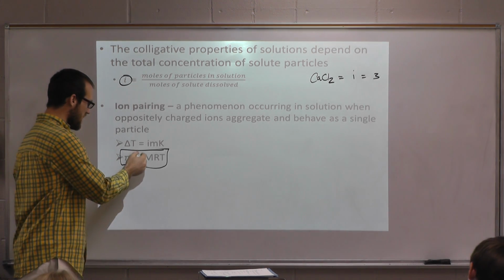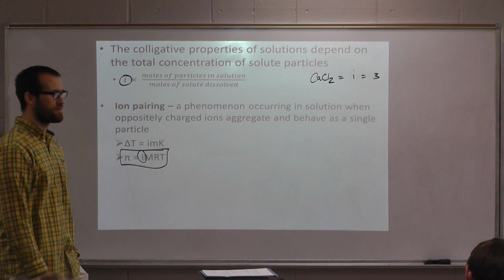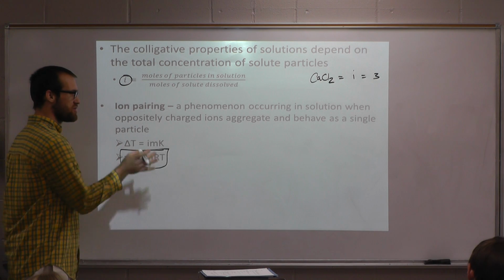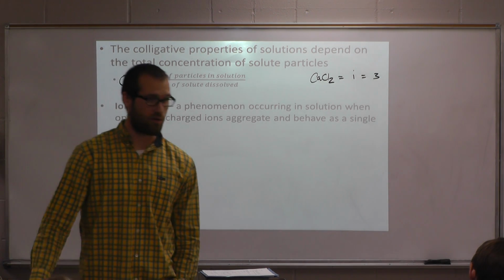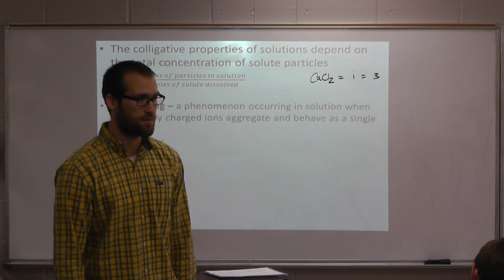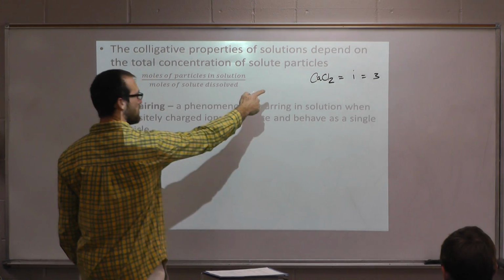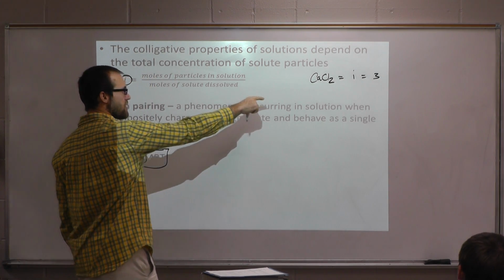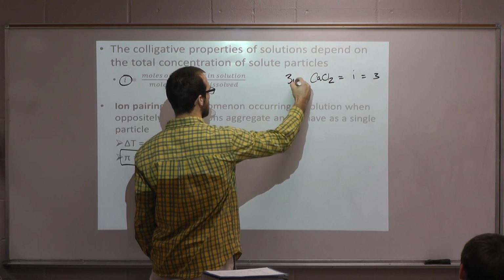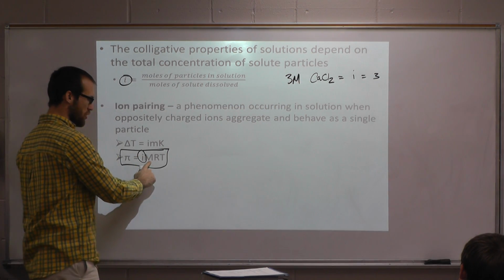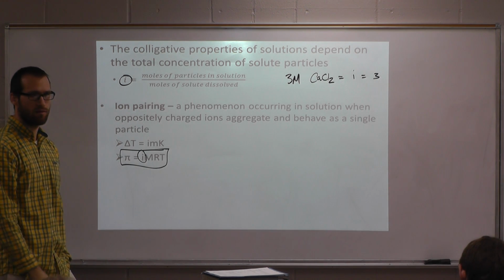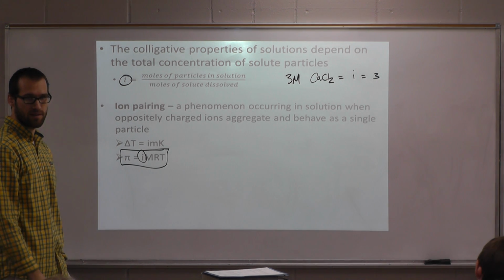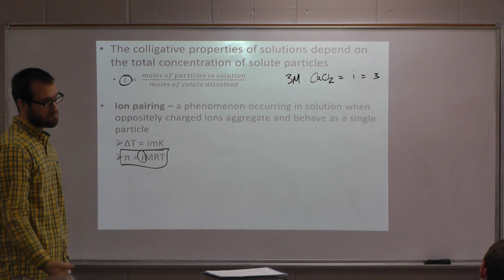If it breaks up into three times as many particles, that just goes immediately into the equation. You don't worry about changing anything before you put M in. So if I find M, the molarity of this, to be 3 molar, I would just plug 3 molar in, and then if i is 3, put the 3 in for i. Does that make sense?